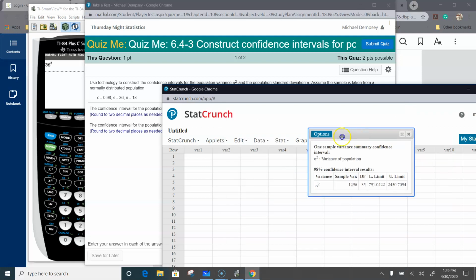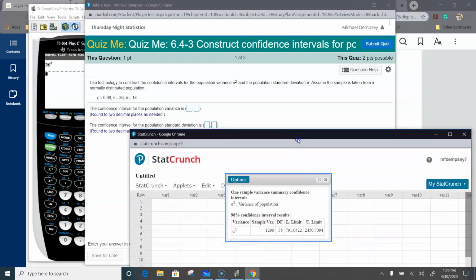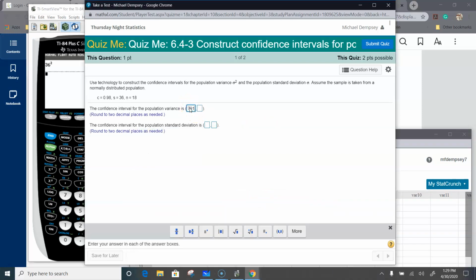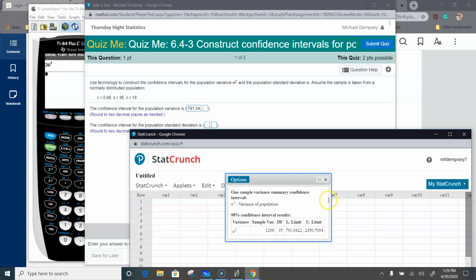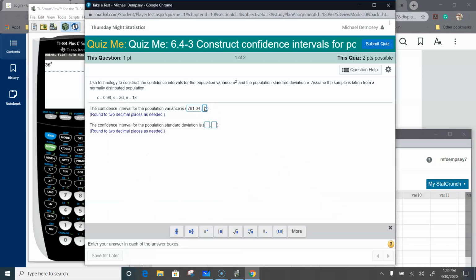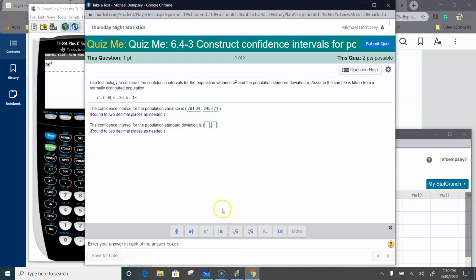Okay, so I have the confidence interval for variance here, the first one they asked for, 2 decimal places. So 791.04 up to 2450.71. Confidence interval for population standard deviation. We just take the square roots of those two numbers.